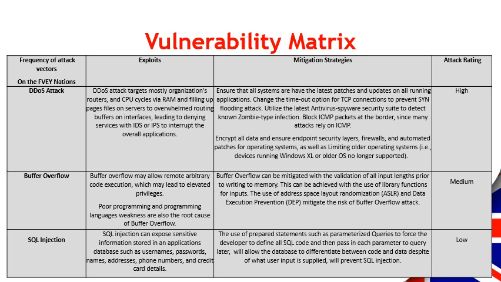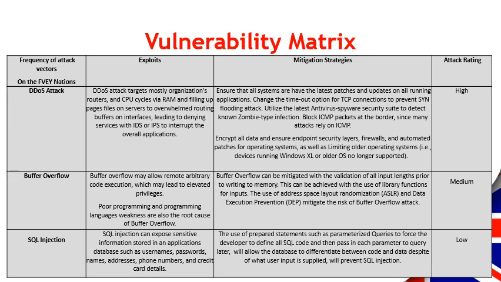Mitigation strategy is to ensure that all systems have the latest patches and updates on all running applications. Change the timeout option for TCP connections to prevent SYN flood attacks. Utilize the latest antivirus spyware security suite to detect known zombie-type infections.